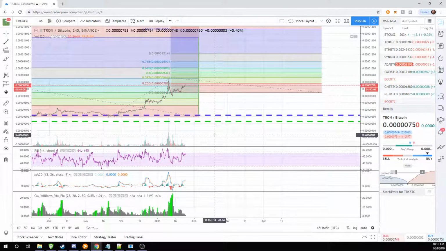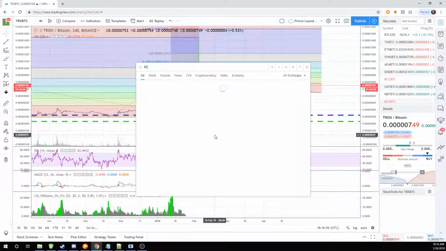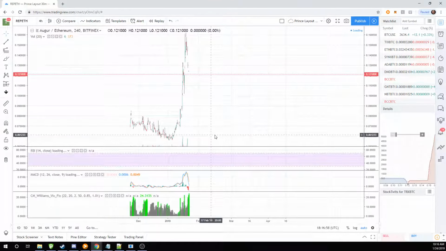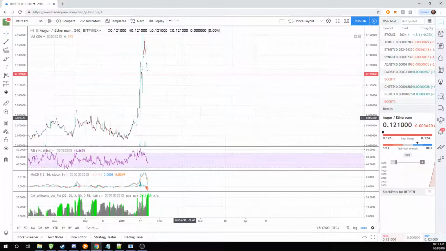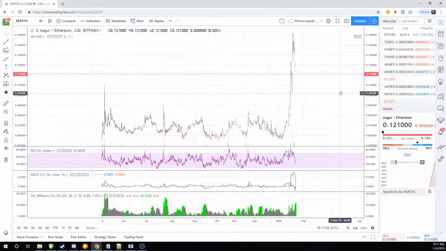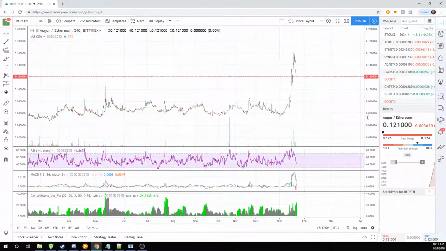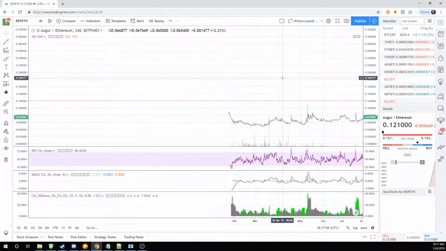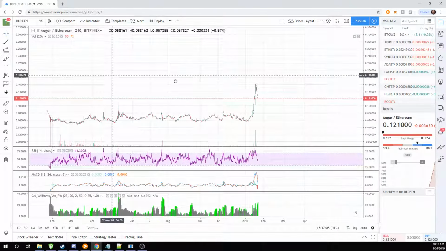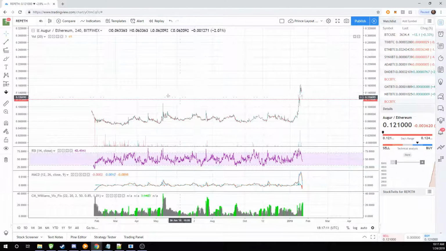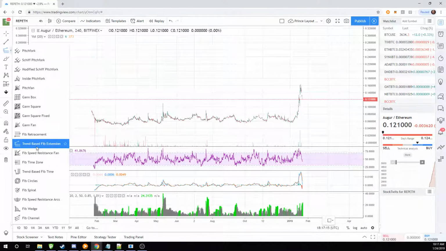I know TRX has been on an absolute tear. Let's take a look at REP ETH, because that's been absolutely bonkers. This thing just went to the moon. Okay, let's see if we could have figured this out.